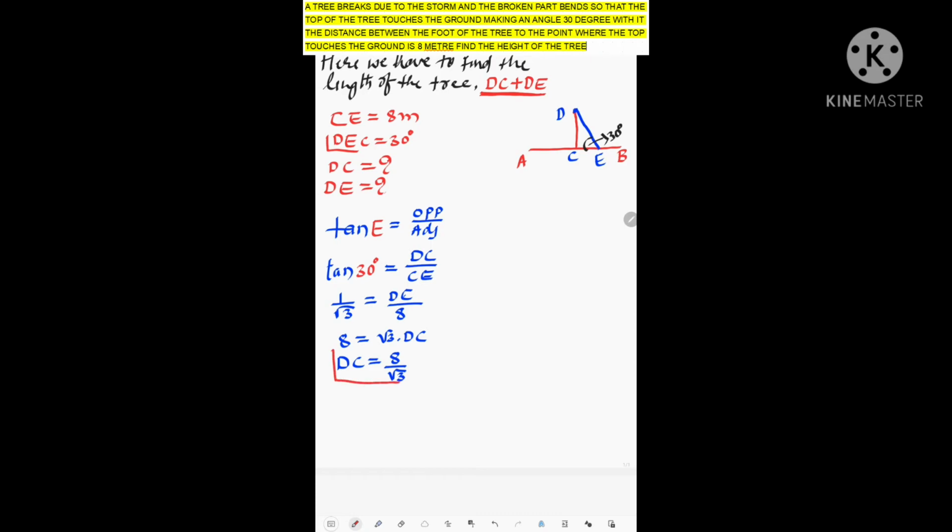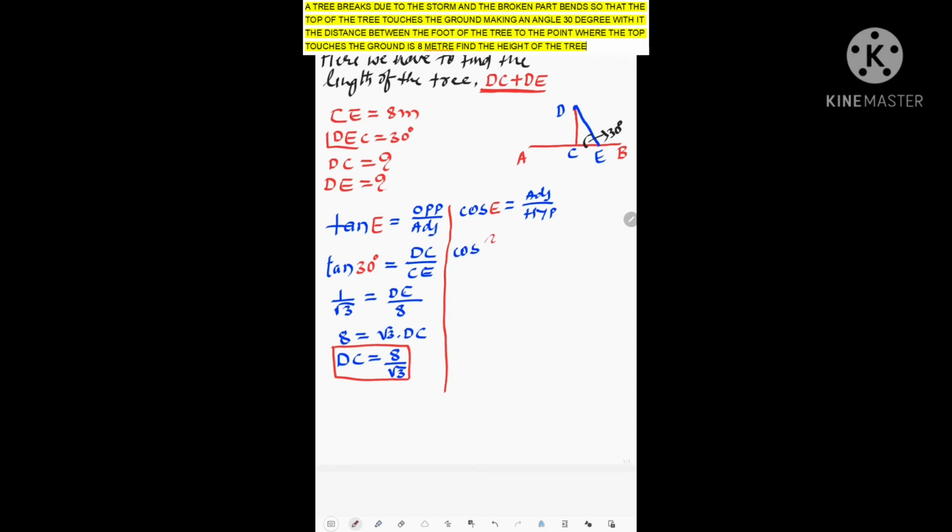This is the remaining portion of the tree after it is broken. But the broken part is DE, which we have to find. Cos E is equal to adjacent divided by hypotenuse. See in the figure, cos 30 degree is equal to adjacent, which is CE, divided by hypotenuse, which is DE, the broken part of the tree.